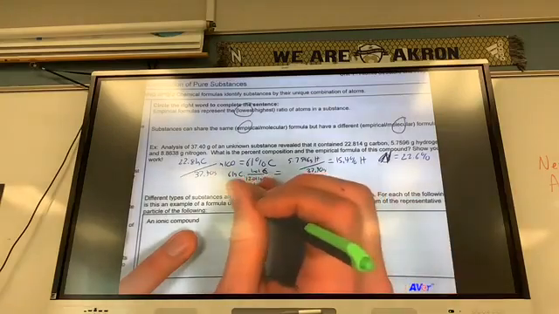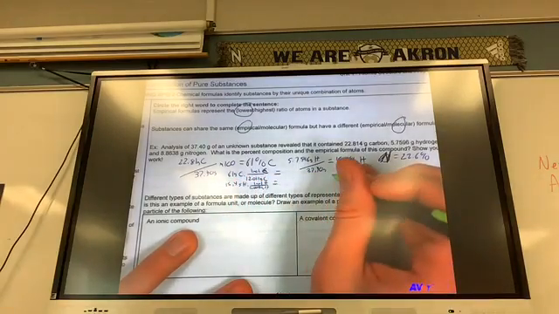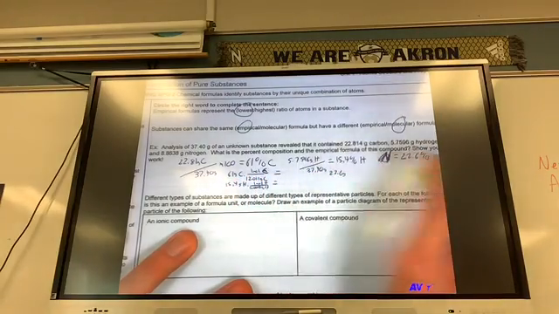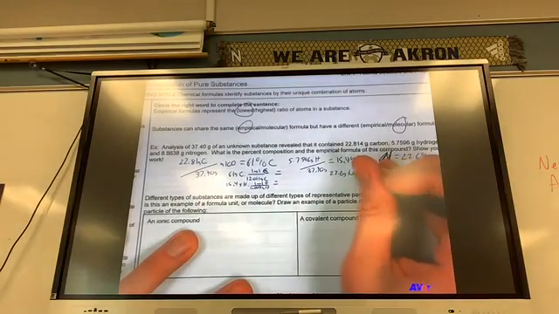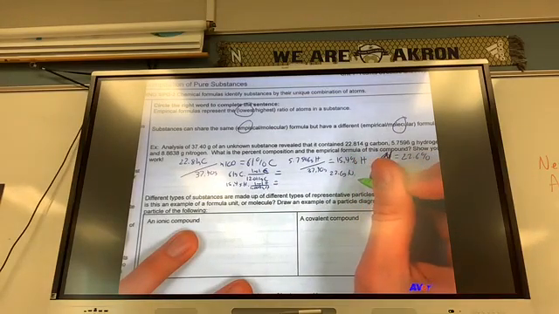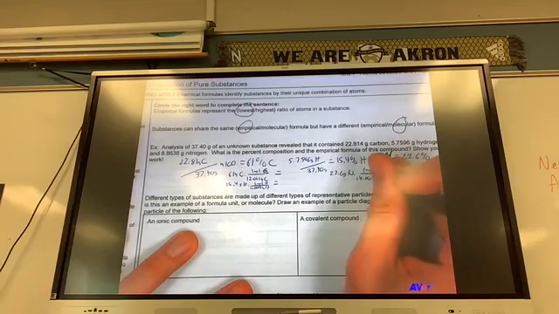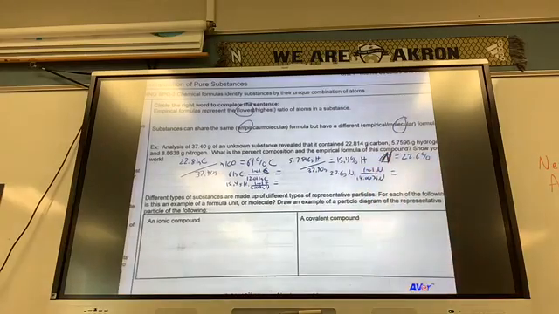And I'm going to take my 22.6 grams of nitrogen times 1 mole over 14.007 grams of nitrogen. So I'm going to get moles for all of those. So that's not the answer yet.